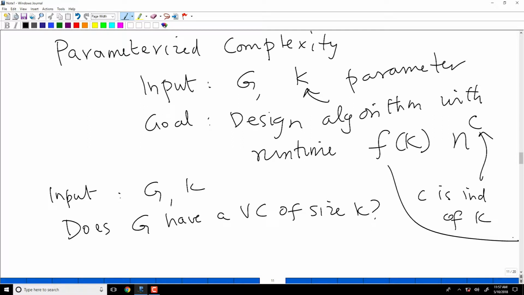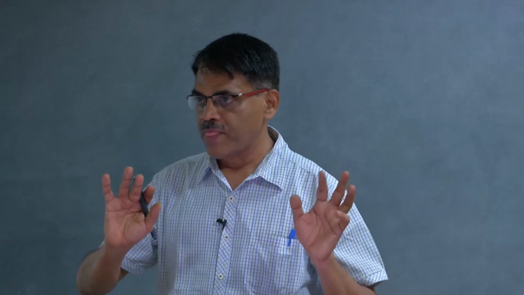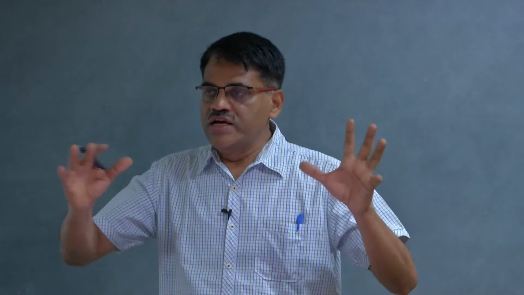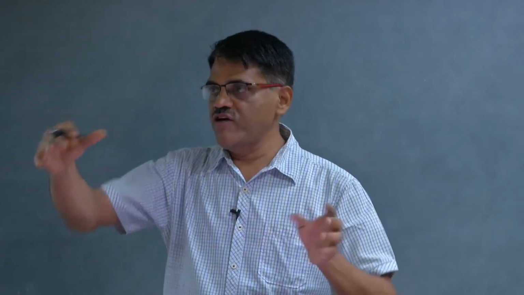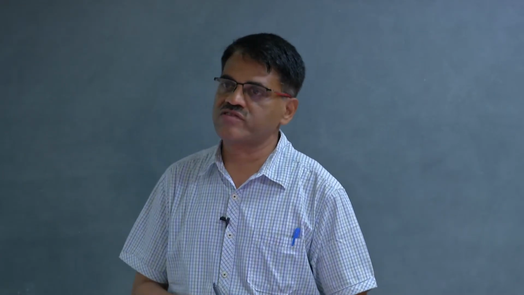I give you a graph on n vertices and I ask, is there a vertex cover of size at most k? How much time do you need? What would be a brute force algorithm? I am not asking for a minimum vertex cover. I have a budget. This graph I am allowed to cover with some 30 vertices or something. Can you do it?